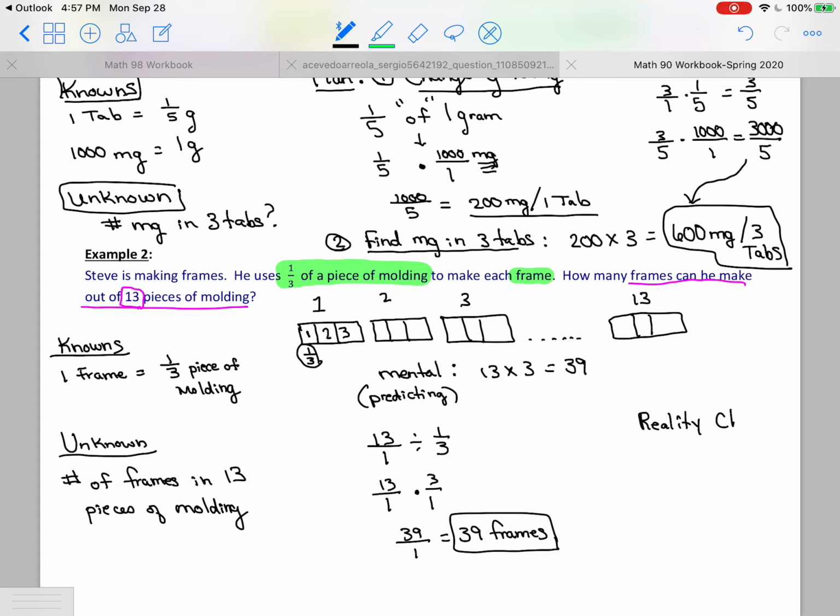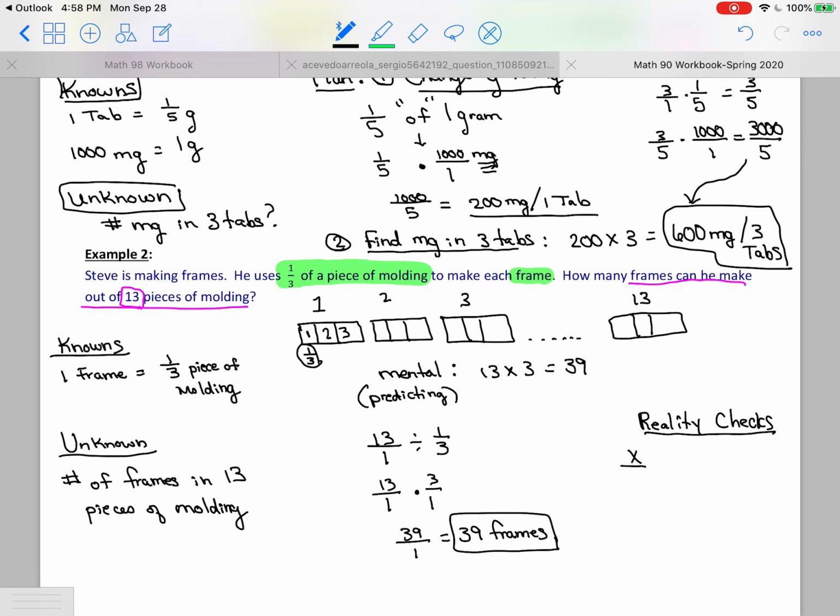Now here's a place for a reality check, because this one we don't really have numbers that we can stick in here, but if we chose different operations, I think we need to be careful that we're putting the numbers where they need to be. We need to be correct with them. The one thing that we wouldn't want to do if we were using multiplication, let's say, so here's our multiplication.